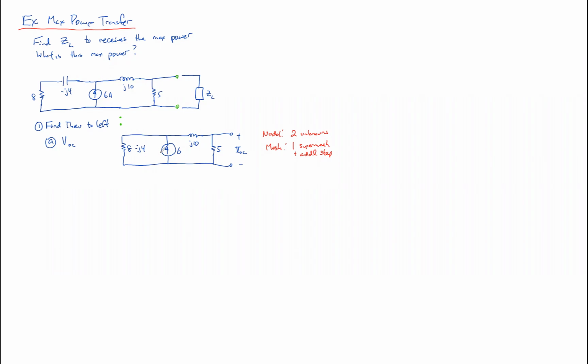we'll multiply these two things together and we'll get 6 times 8 minus J4. Maybe I should actually literally just multiply those things. So 8 times 6 is 48 minus J24, and that is going to be our new voltage source.